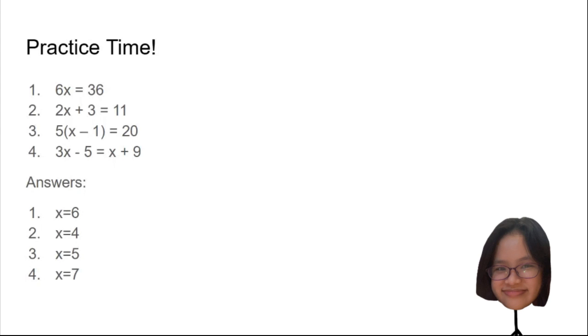Now we have the last question, which is 3x minus 5 equals x plus 9. For this, it may seem a bit difficult as there's more components, but it's actually not difficult. For the first step, we can move the 5 to the other side by adding 5. So we're gonna make it 9 plus 5, which will become 14.